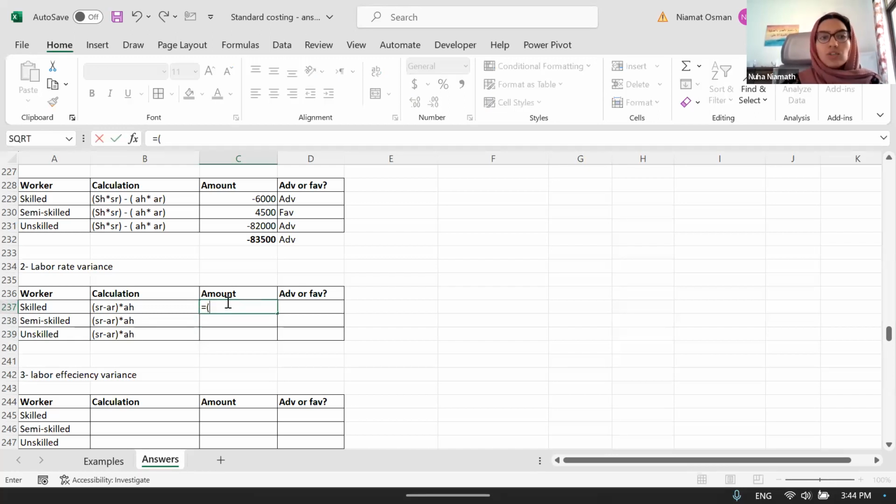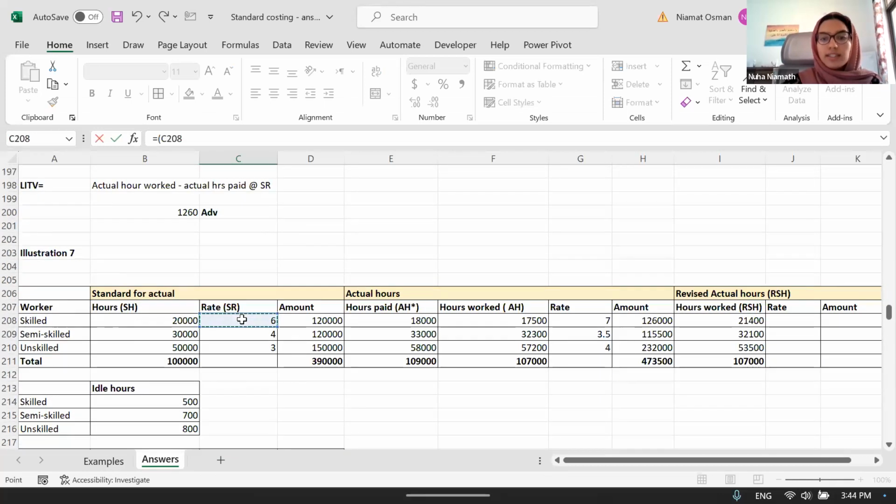Okay. So SR is what? What is our standard rate here? 6 minus AR 7 into hours paid or hours worked for rate variance? AH star or AH? Hours paid. What about the others? Why not hours worked?